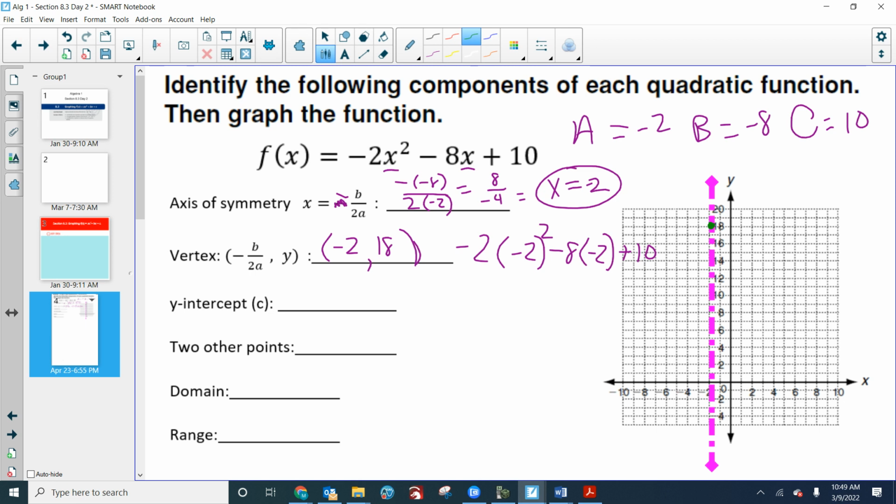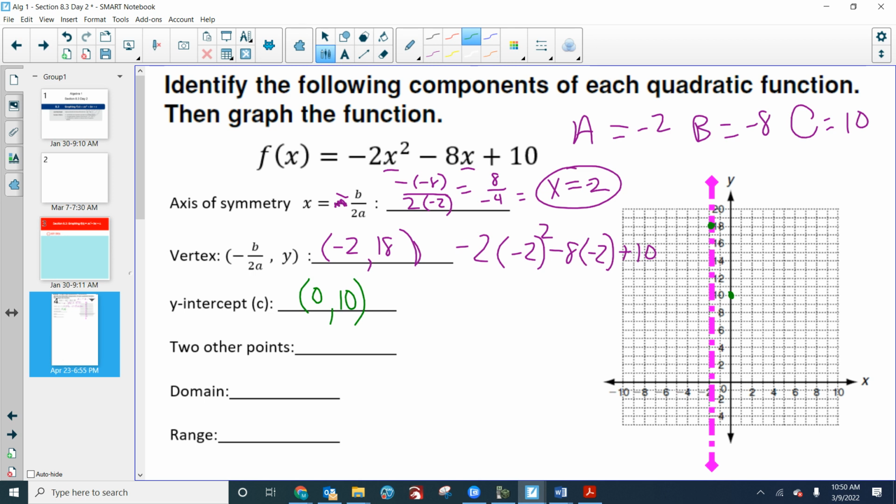Easy peasy, lemon squeezy. It's the C value. Aaliyah, what's my C value? 10. So what's he going to say for the y-intercept? Put a dot on the y-intercept. Now, how can the y-intercept help me on the other side?